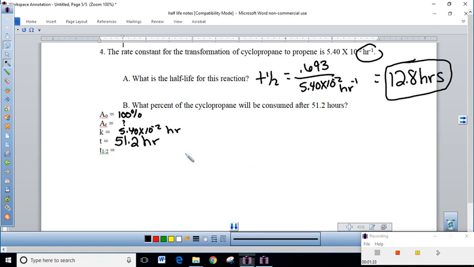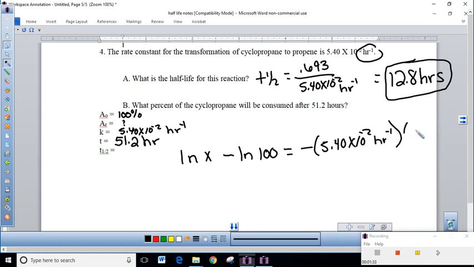So we would have the ln of x minus the ln of 100 equals, this one has the negative in front, 5.4 times 10 to the negative second hours to the negative 1 times 51.2 hours.